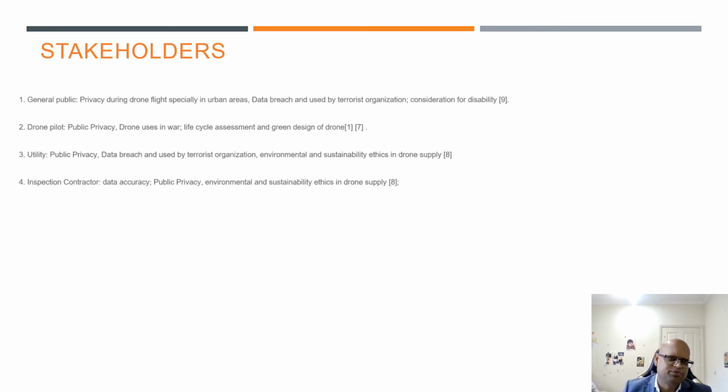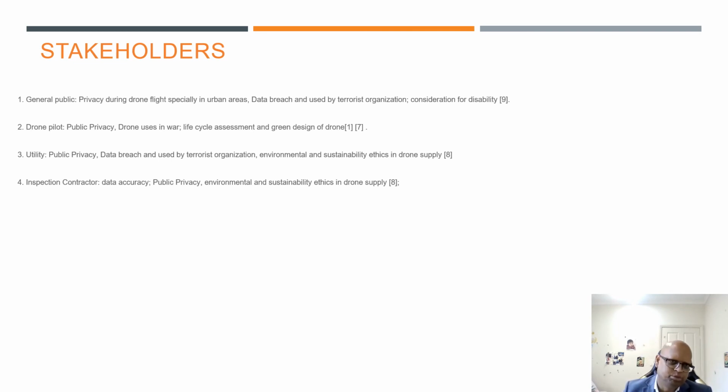Stakeholders for this project are, obviously, the general public, whose main concern is privacy, especially during drone flights in urban areas. Other stakeholders are the drone pilots. Their concerns, along with privacy, are the life cycle assessment and the green design of the drones.